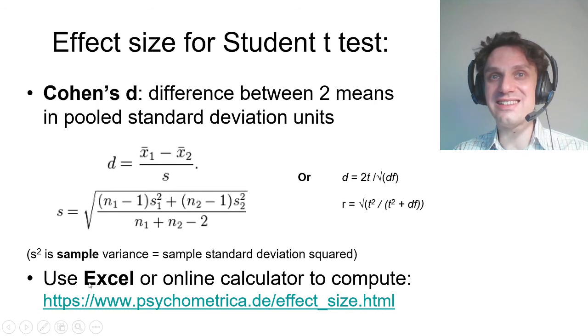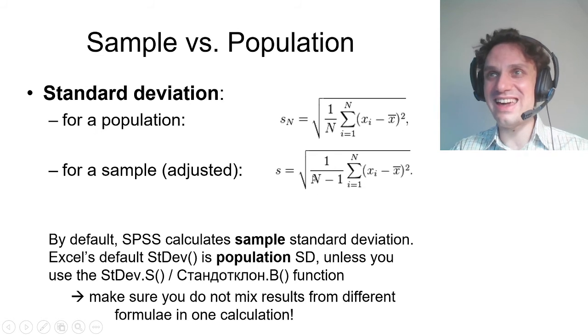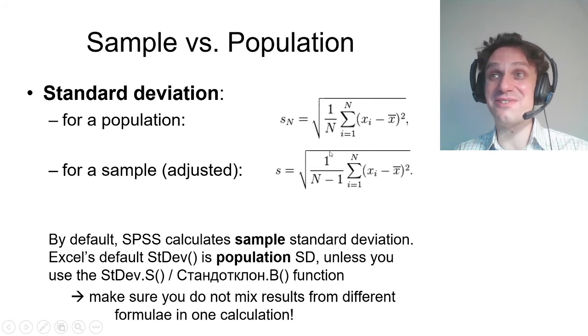If you calculate it by yourself in Excel, you need to remember that in Excel there are two different standard deviations. One standard deviation is for a general population, and another standard deviation is for a sample. And there is a slight difference in this denominator. If your sample is large, this difference does not have any effect.